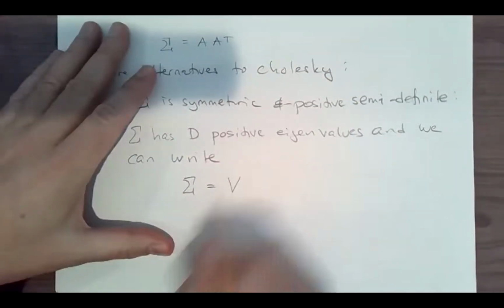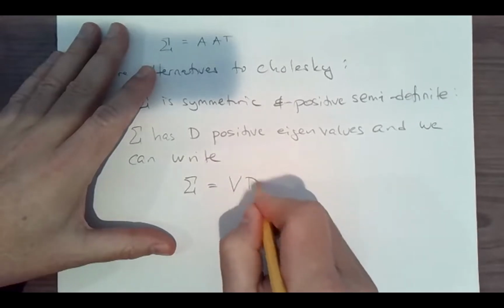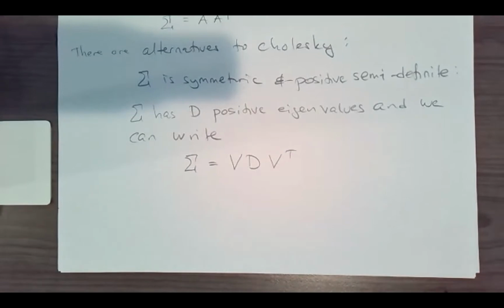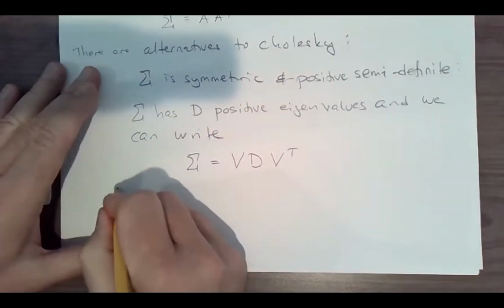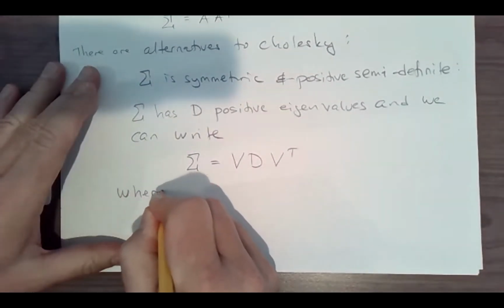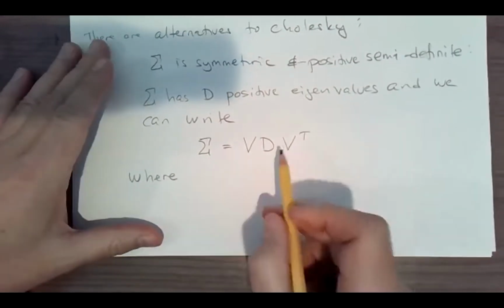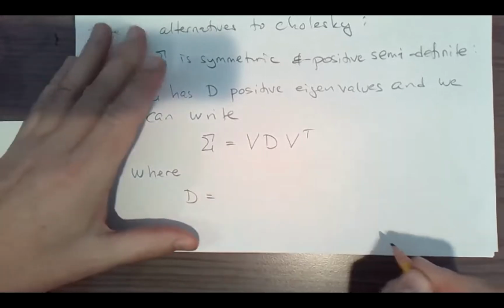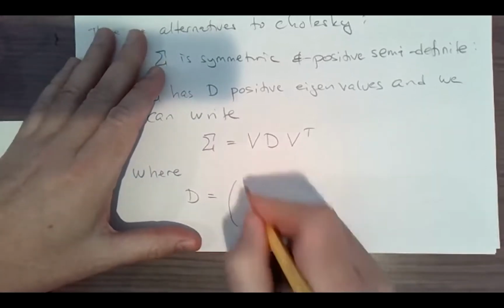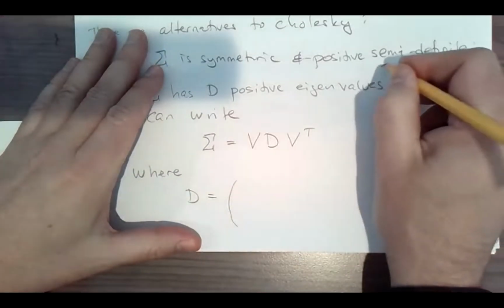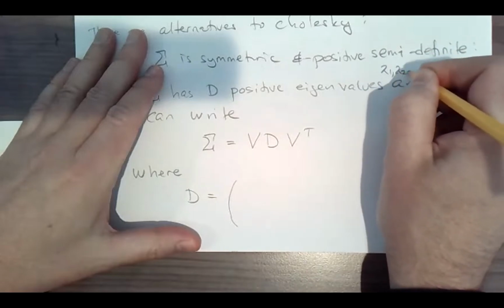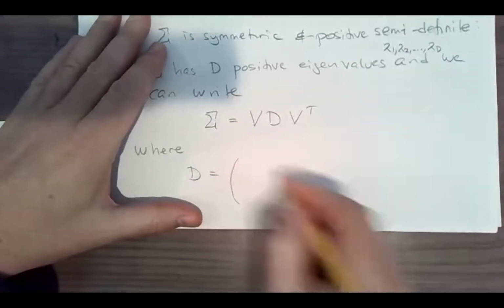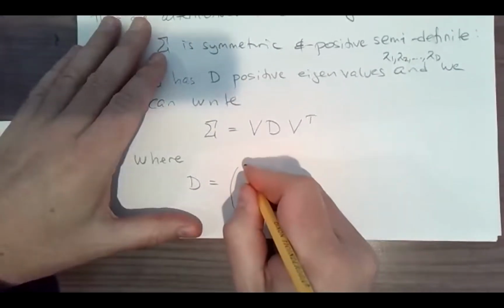So you can write this as V, then D, then V transpose, where D is diagonal, that's why it's called D. These eigenvalues are denoted by lambda1, lambda2, up to lambda D. So on the diagonal of D is where you find these eigenvalues.